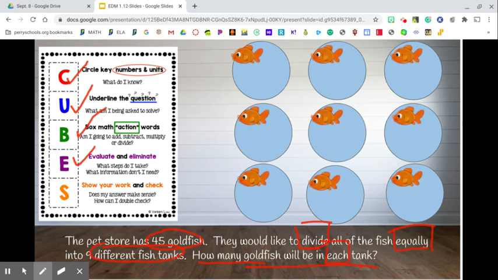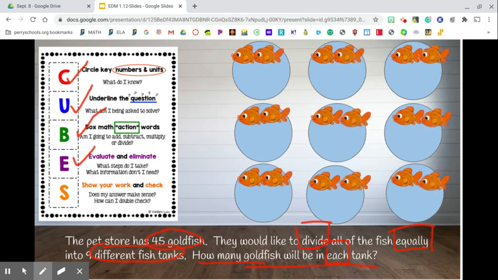So I went through and I have 1, 2, 3, 4, 5, 6, 7, 8, 9. That's 9 of my 45 goldfish. I'm going to go through and do it again. 9 is what I stopped with. 10, 11, 12, 13, 14, 15, 16, 17, 18. So with 2 goldfish in each, that means that I have used 18 of my 45.